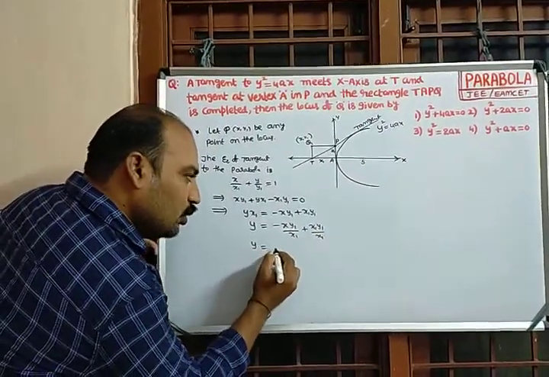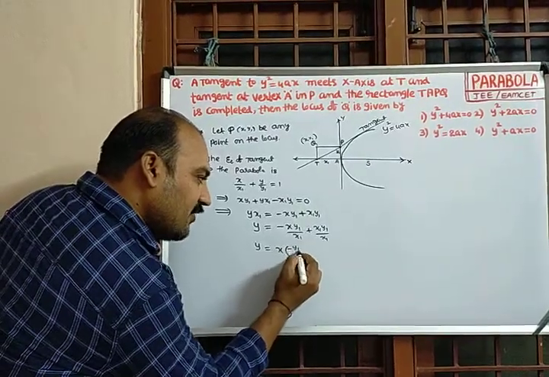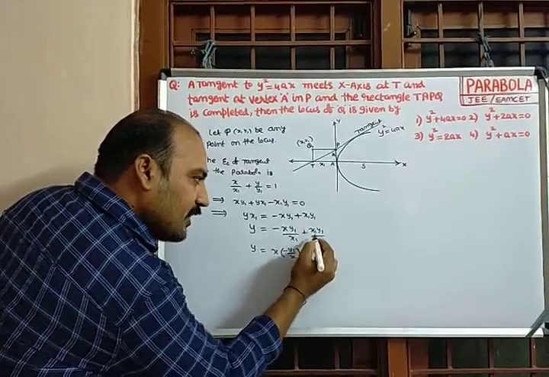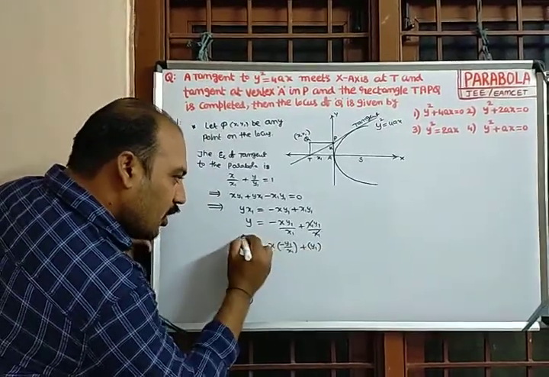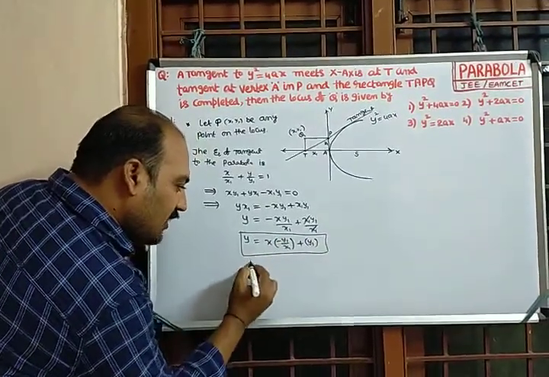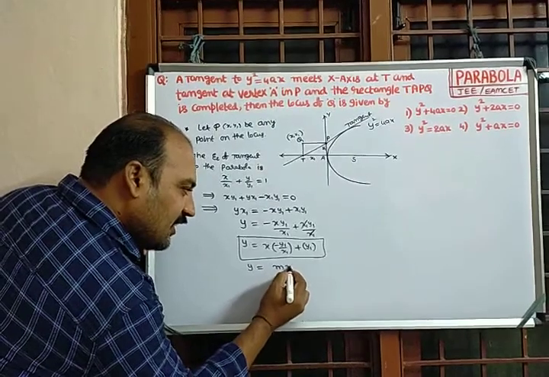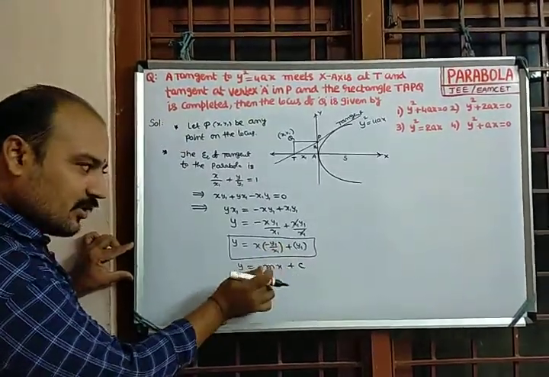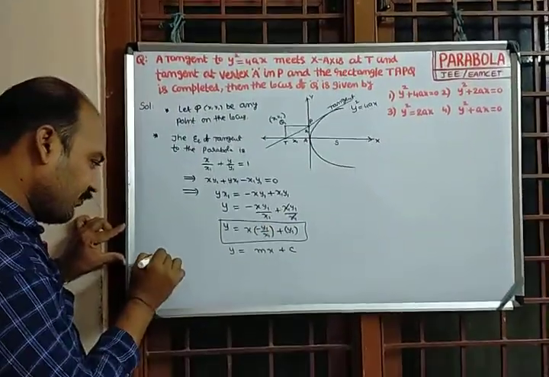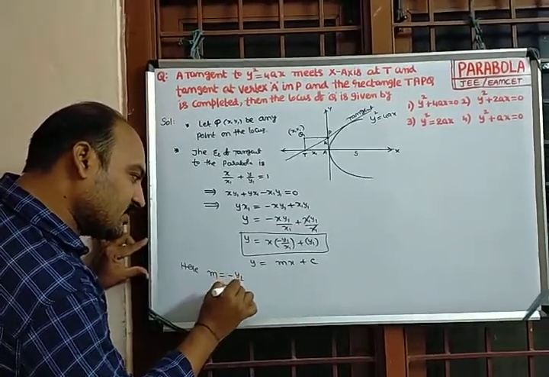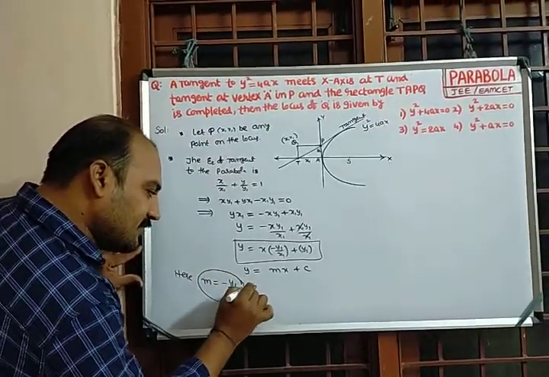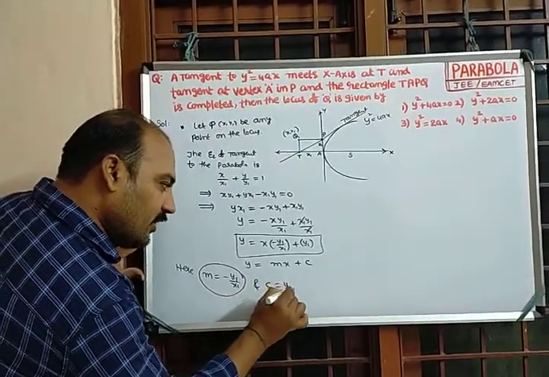Y equal to x into minus y1 by x1 plus, x1 gets cancelled, y1. This equation you have to compare with y is equal to mx plus c. Here m is equal to minus y1 by x1 and c equal to y1.